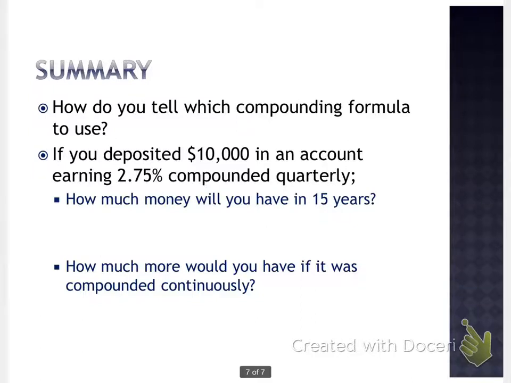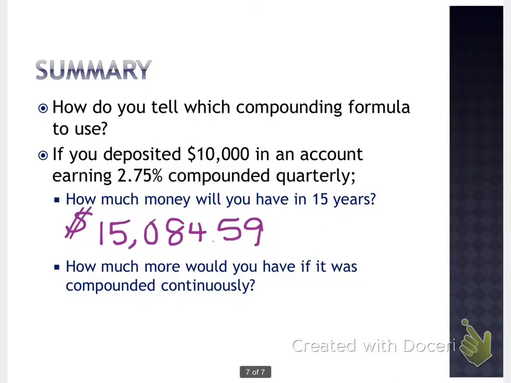So, just in summary, if we took $10,000 at a 2.75 interest rate, and it was compounded quarterly, I did the math for you, and in 15 years, you're going to have $15,084.59.